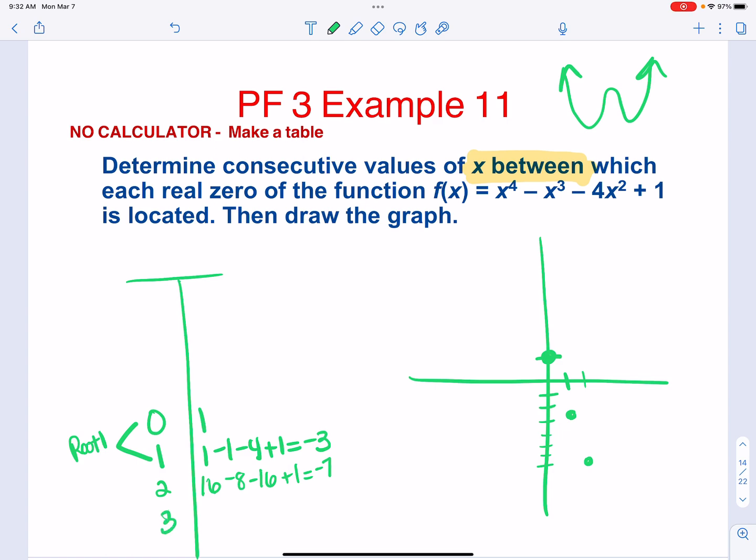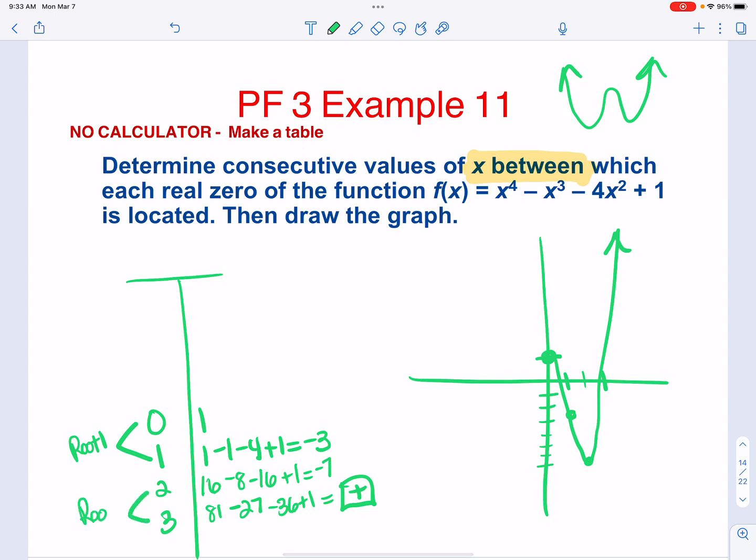So at 3, 3, 9, 81, 3 cubed is minus 27, minus 36, plus 1. I don't have a calculator in here, but this is a positive big number. So it must cross again, and it's got to be shooting up because 4 to the 4th is way bigger than 4 to the 3rd. So there's another root in here, root 2.